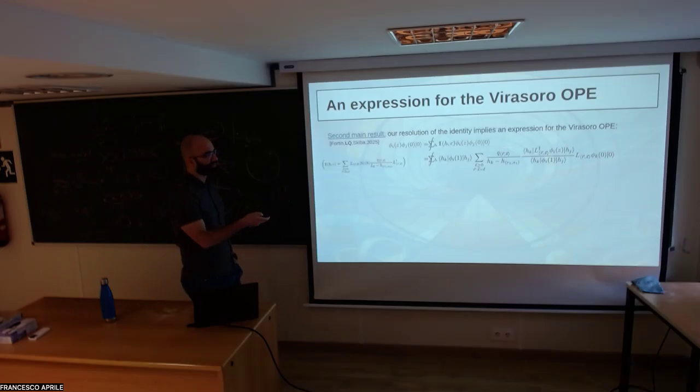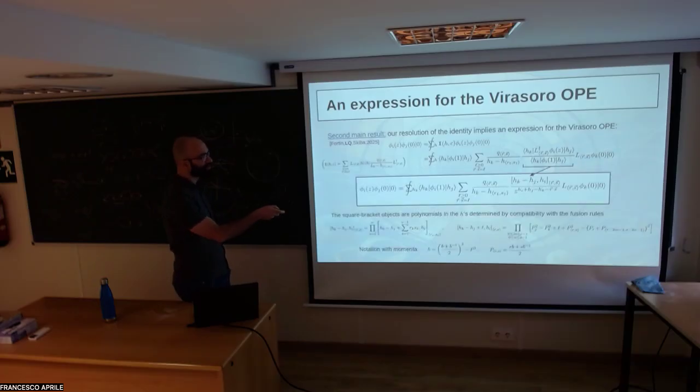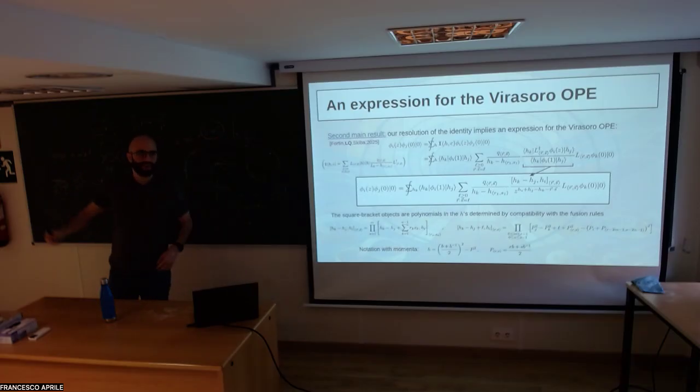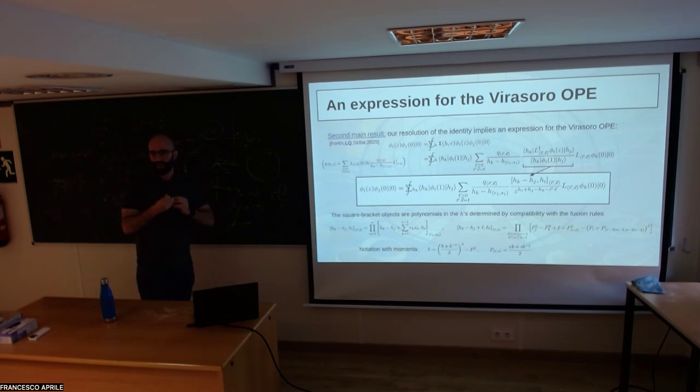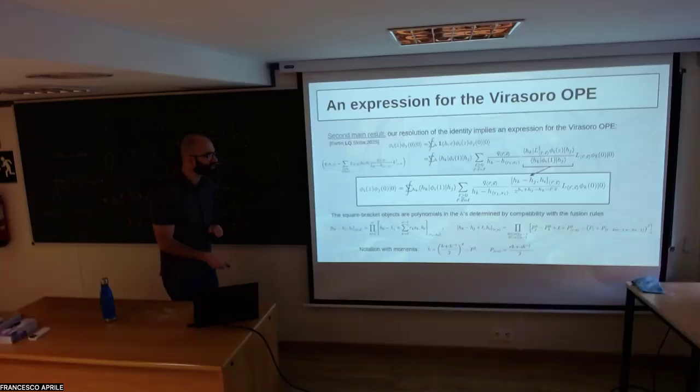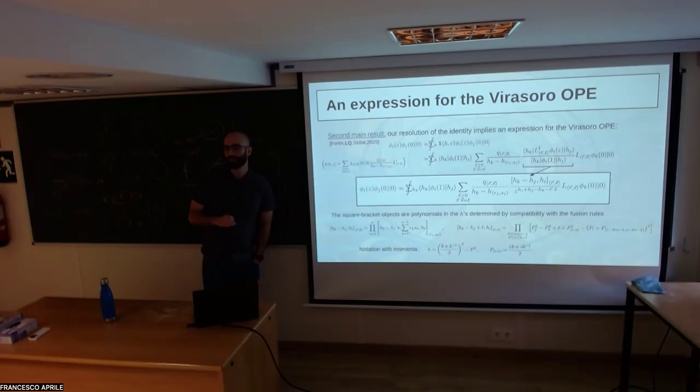We can actually further simplify this by noticing that this object that I highlighted here has to give you zeros when you have fusion rules, when you have special representations that combined have to give you, again, some special combinations of fields. So you have some kind of selection rules. These are the fusion rules. These basically constrain you completely, this object here, and this gives you the expression of the operator product expansion.